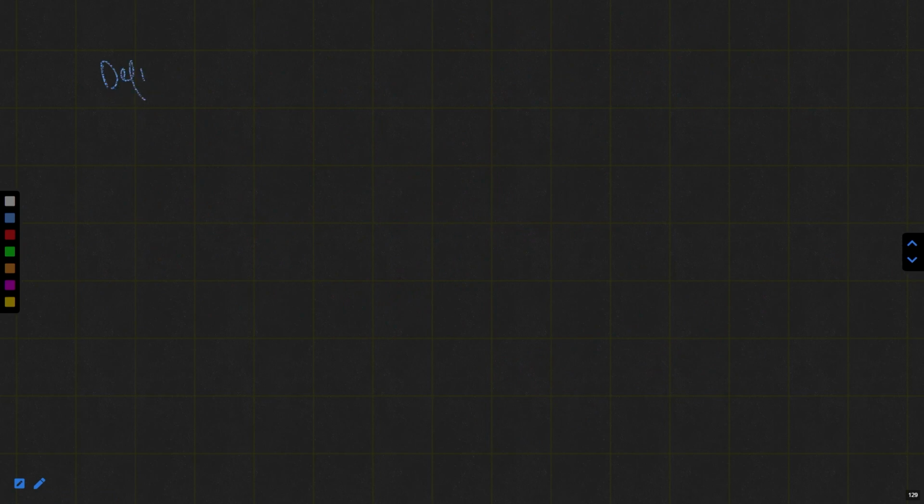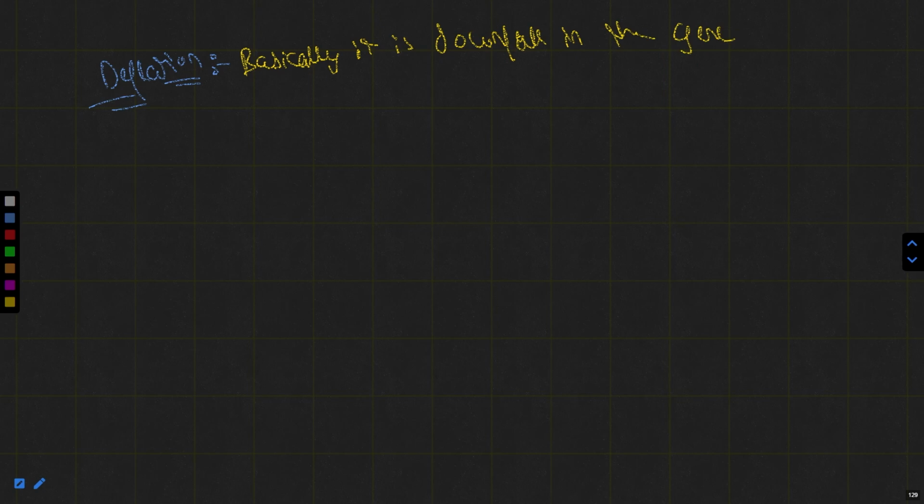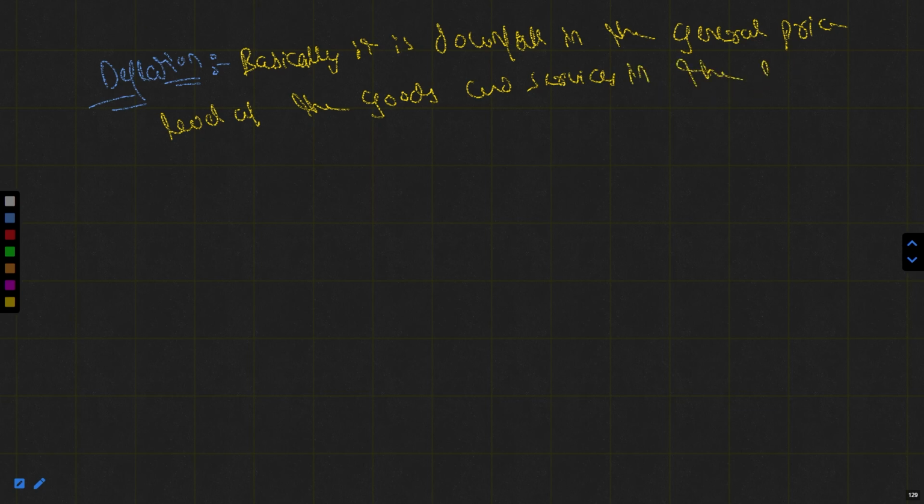If we go by the general definition of deflation, it is a downfall in the general price level of goods and services in the economy during a certain period of time.